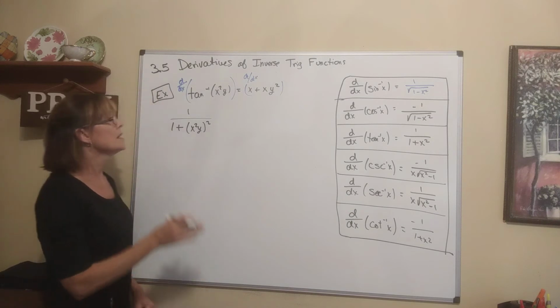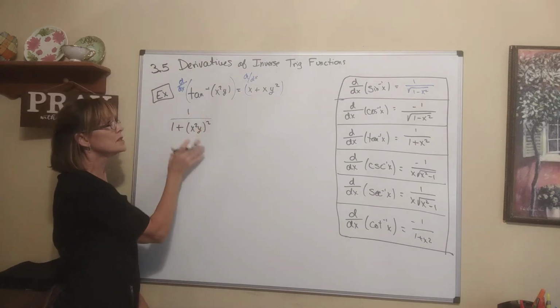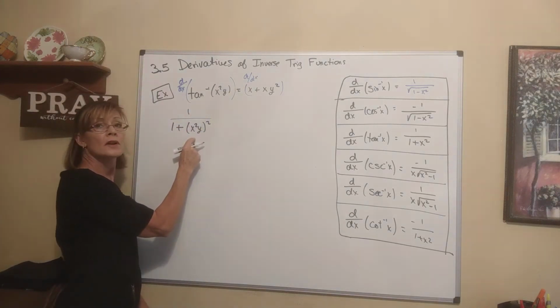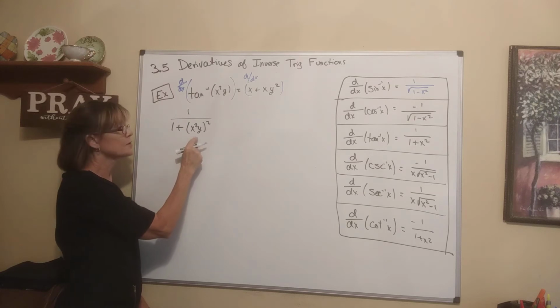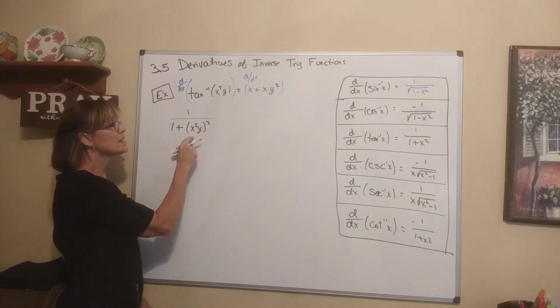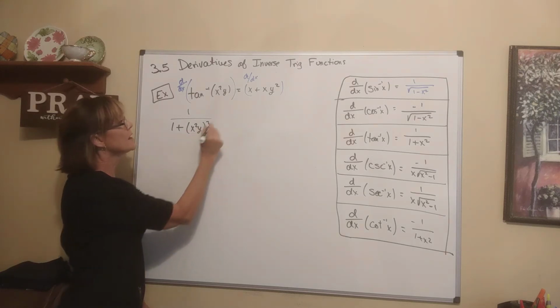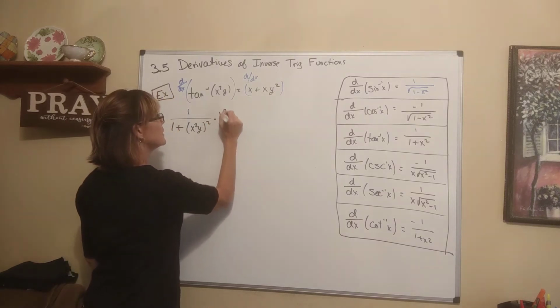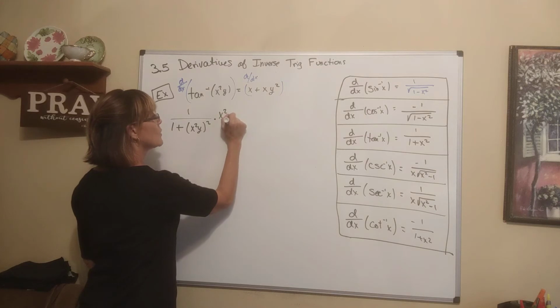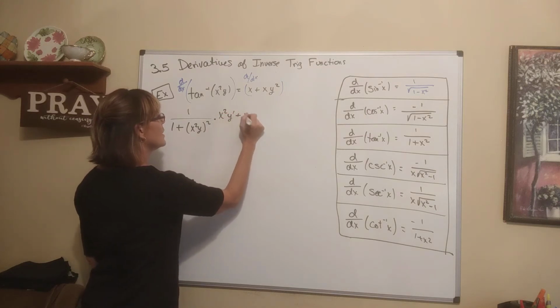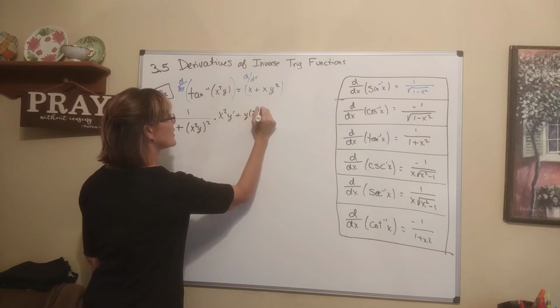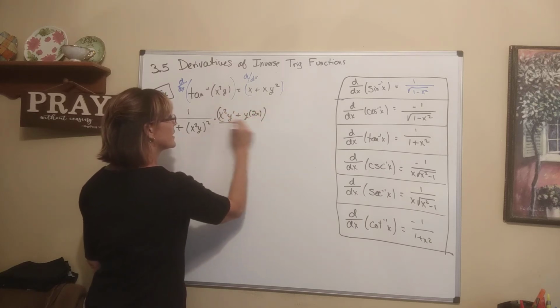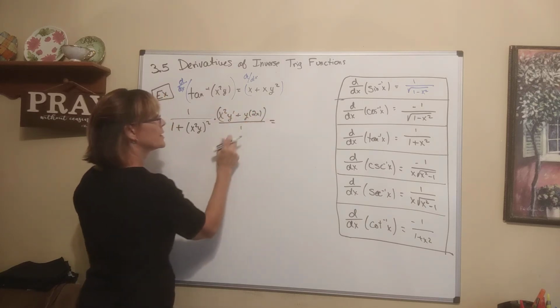It's the derivative of inverse tangent, times the derivative of this. Okay, this is product rule. So this is first, x squared, times the derivative of the second, y prime, plus second, y, times the derivative of the first, 2x. All of that is what it gets multiplied by, if you want to put that over 1.